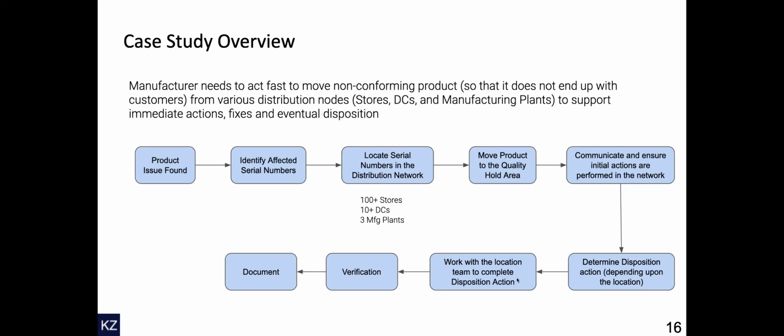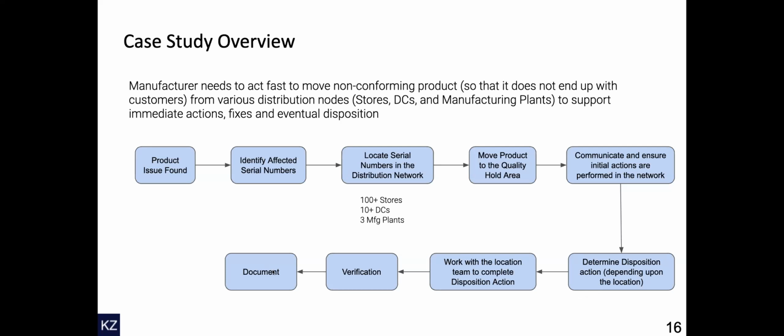So once that is done, the final disposition could be to do a repair and put it back for sale, or put it back into the DC for distribution, right? Or sometimes, depending upon what it is, they may have to scrap it or send it back to the factory for repairs. And then you need to verify all of it's done and document it.